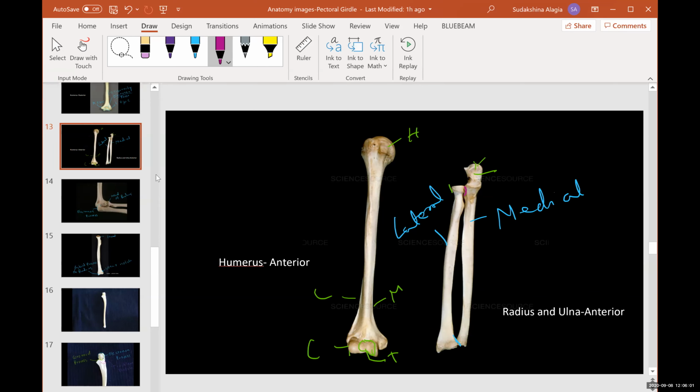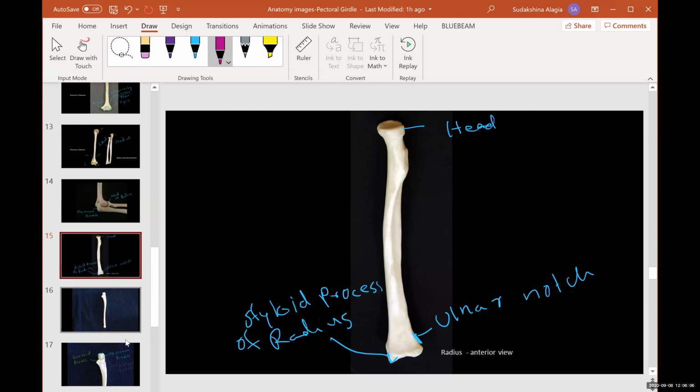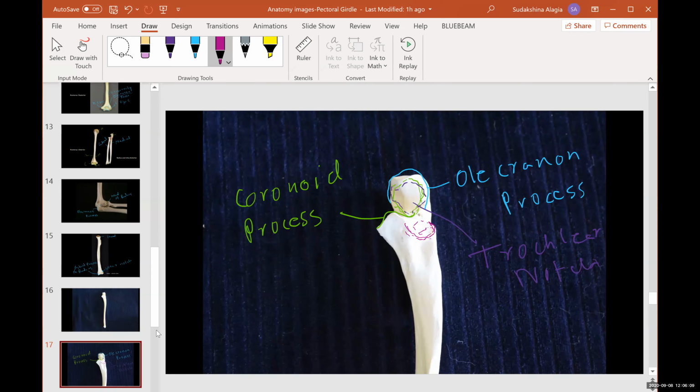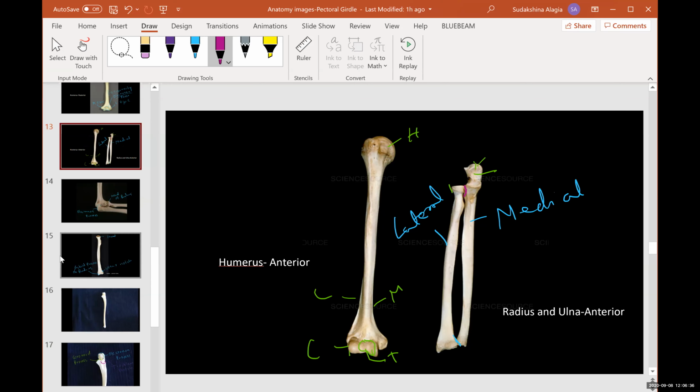This notch is where the head of the radius articulates. Inferior to the coronoid process along the medial edge. This is the head of the radius, meaning what notch would we call that? Radial notch.